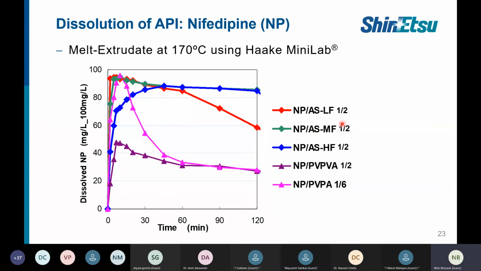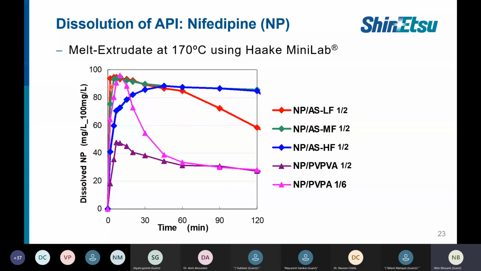As you can see, using ACOD ASL type, you increase the solubility initially, but it slightly dropped after, you can say, 1 hour. Whereas using ASH, your initial solubility was not much improved, but afterwards it maintained good supersaturation.